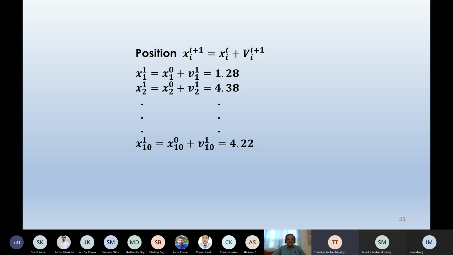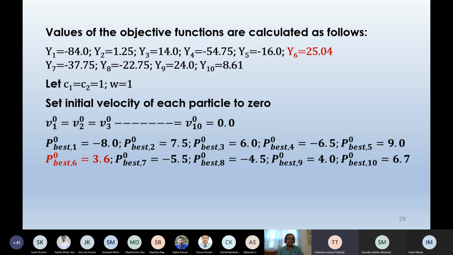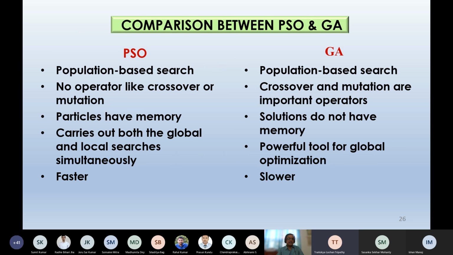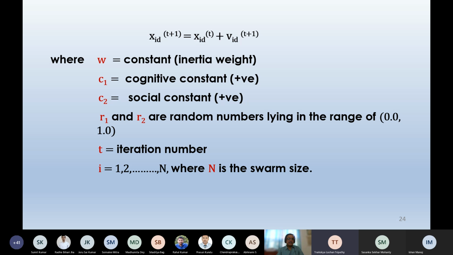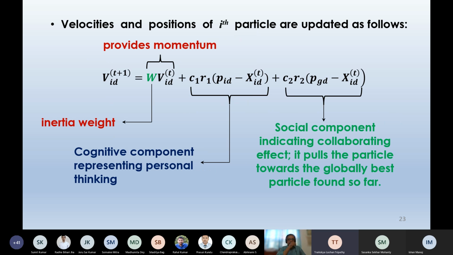Yes, sir. I just had a small confusion. In slide 23, sir, if we look at the velocity updation equation, and if we consider just the inertia weight component, the one that provides momentum, and not the cognitive and social components, then this reduces to V_id(t+1) = W V_id(t), where W is the inertia weight.